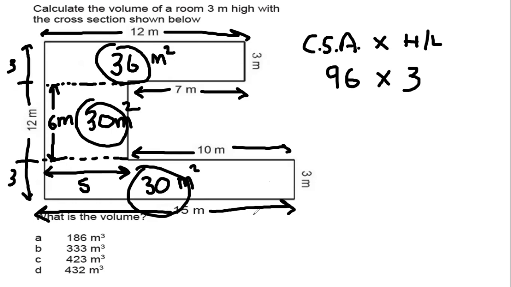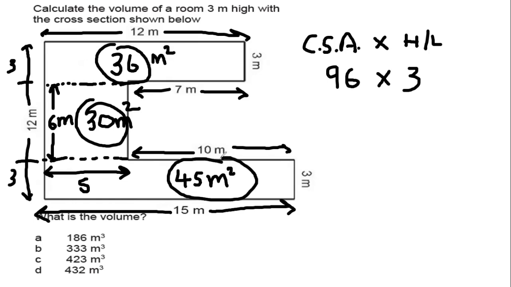So the 30 is wrong. So it's 3 times 15. Now what's 3 times 15? 45. So sorry about that. I actually looked at the 10 and the 30, but I realize that it goes along that, not true?